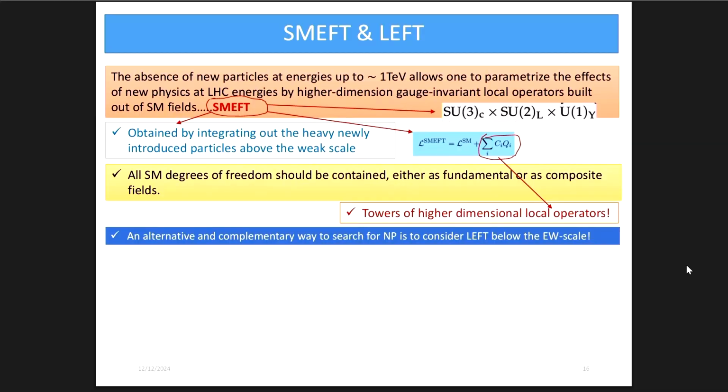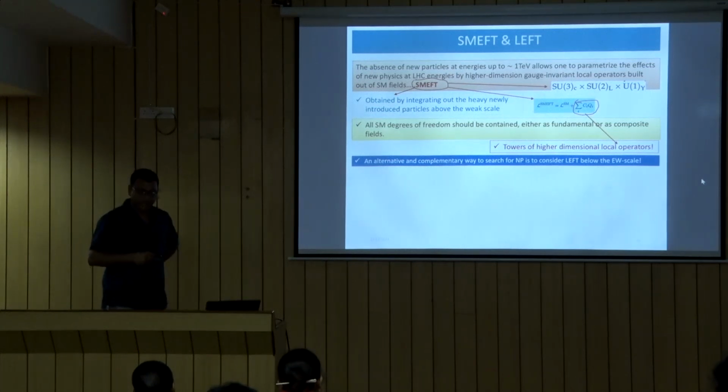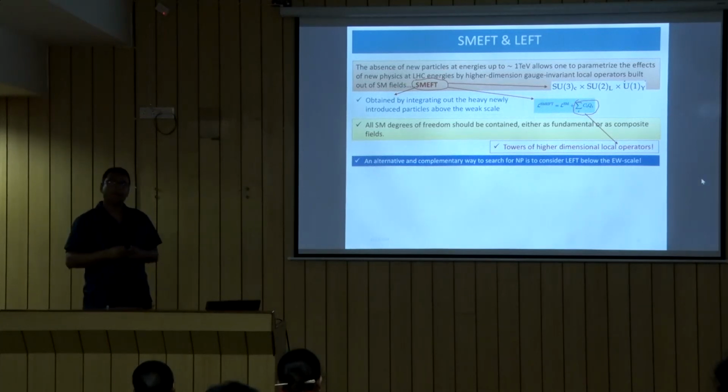Alternatively, and also complementary to whatever you do here, you can do a similar thing in the low energy sector. Okay. So, that will also help you, as I mentioned, to search for new physics. That is called low energy effective theory, or sometimes in the literature it is also called weak effective theory.